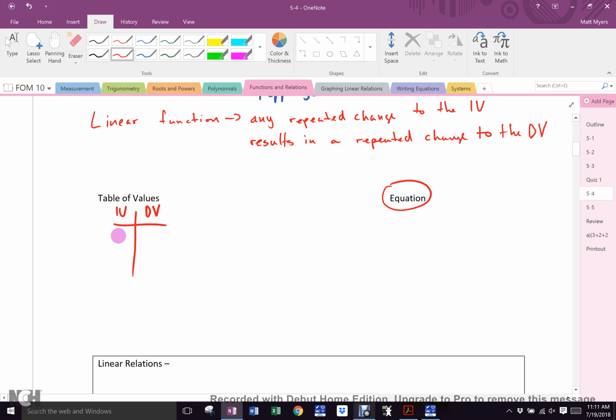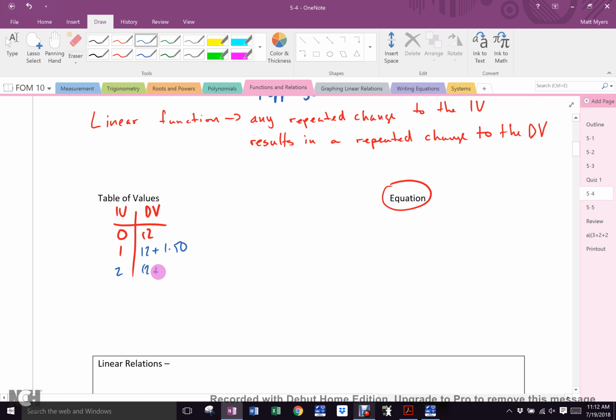So let's go over here and let's fill in our table of values. When I have 0 toppings, what was my DV? $12. When I have 1 topping, do I still pay $12? Yeah. Plus how much? $1.50. Correct? When I have 2 toppings, do I still pay that first $12?